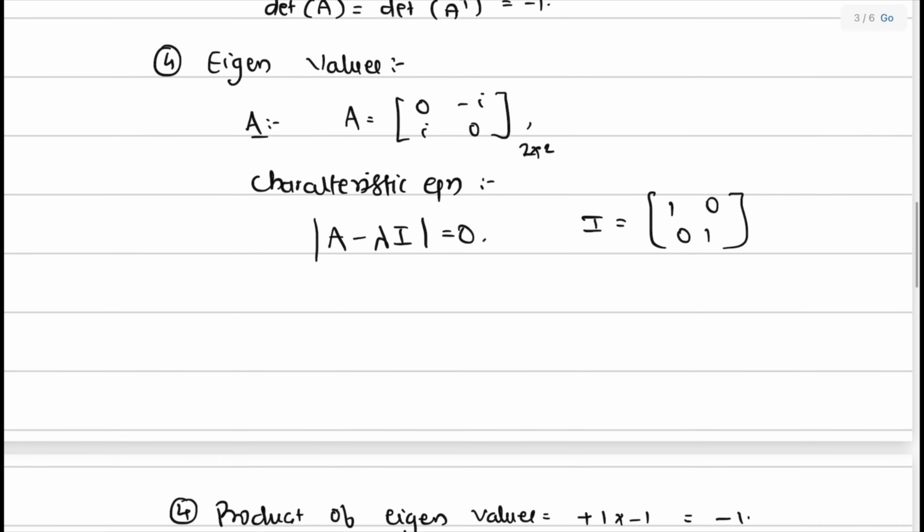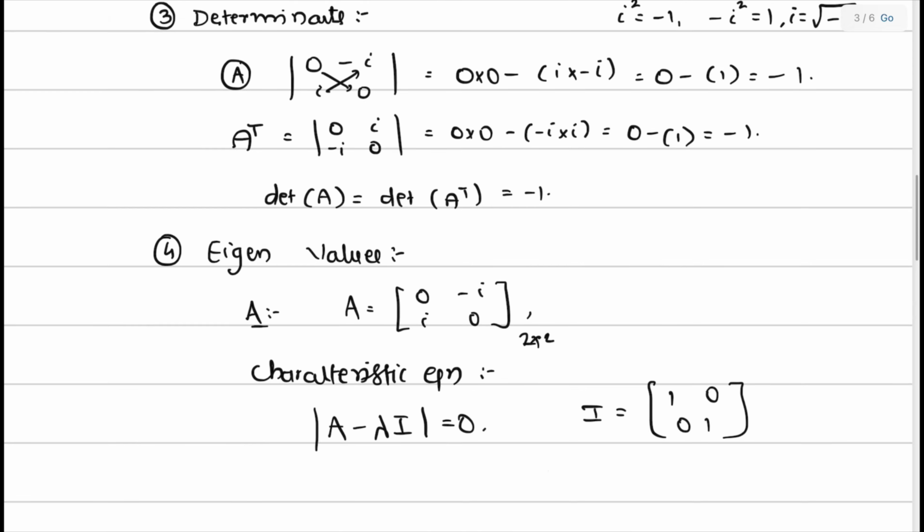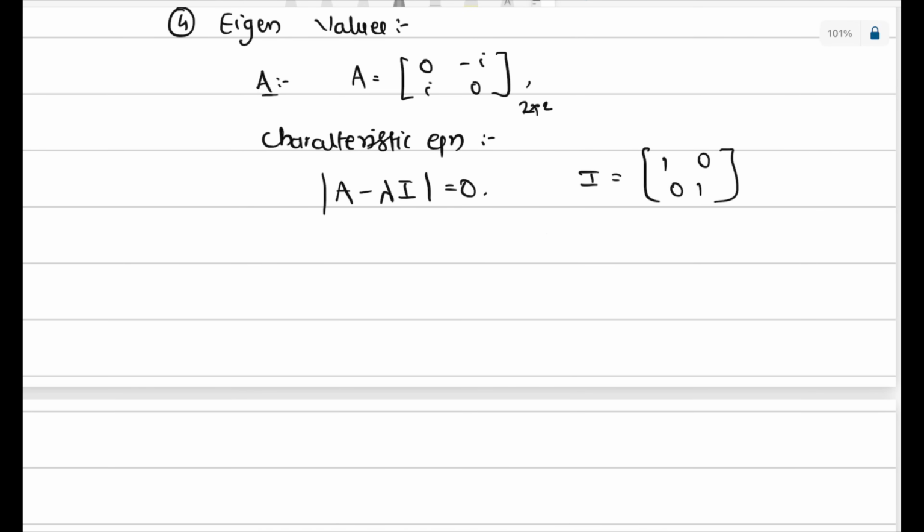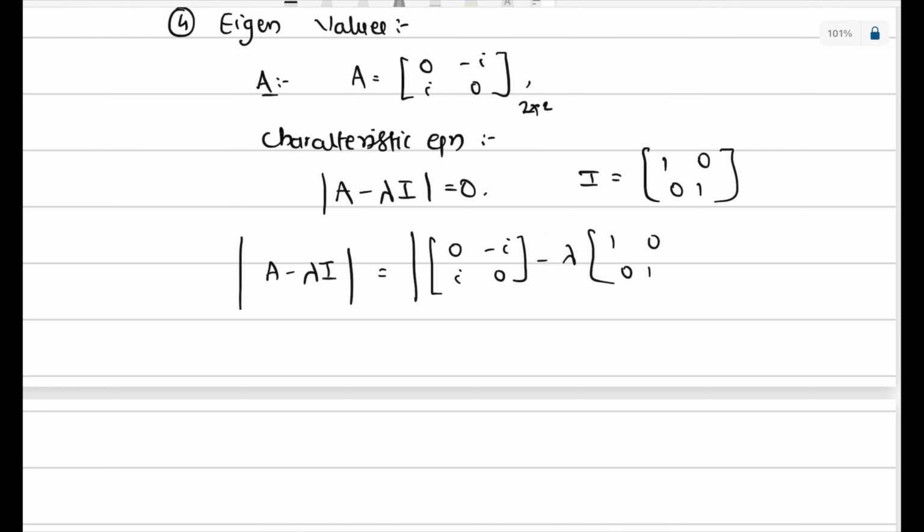Then the characteristic equation becomes determinant of A minus lambda I, which is determinant of A is [0 minus i; i 0] minus lambda into [1 0; 0 1].